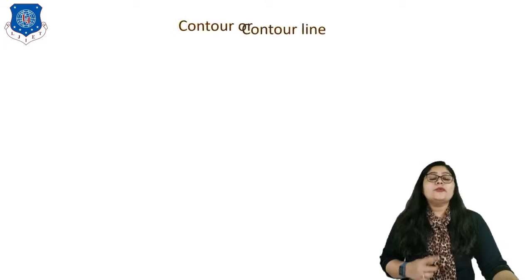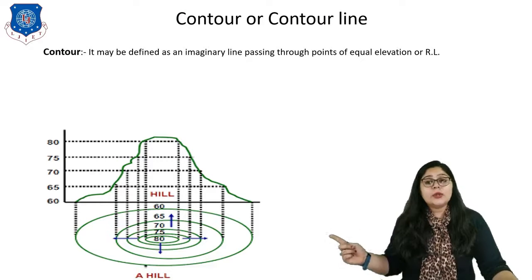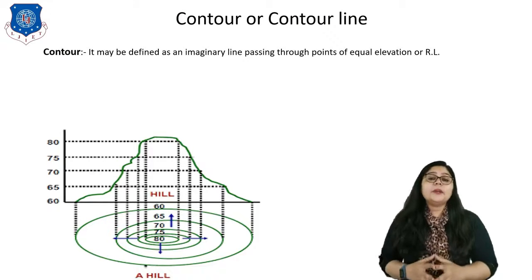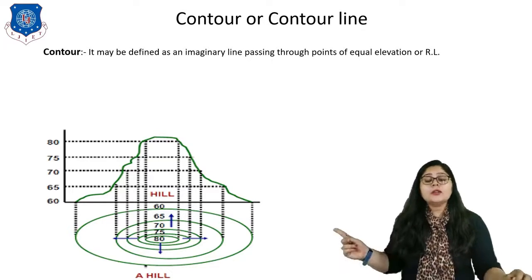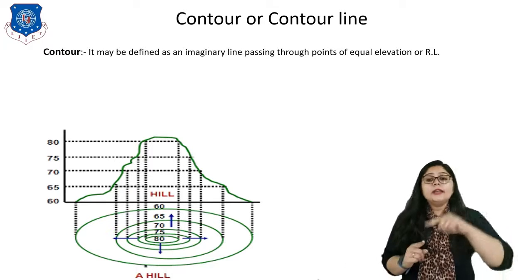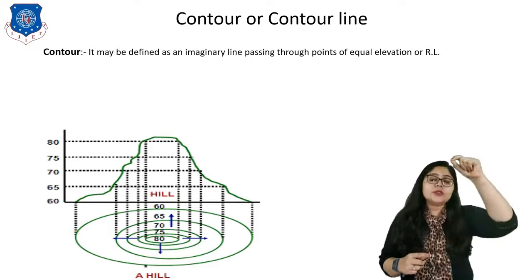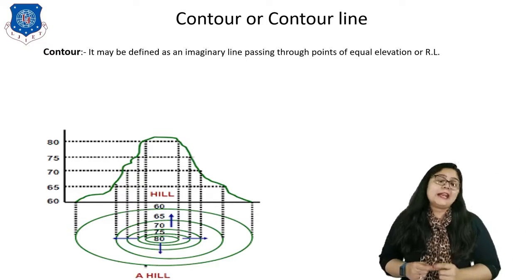So let's first understand the term contour and contour line. Here on screen, you can see a contour may be defined as an imaginary line passing through points of equal elevation or RL. Here on screen, you can see one example of a hill. It means a hilly area. As you know, in a hilly area, the topmost point has the maximum elevation.